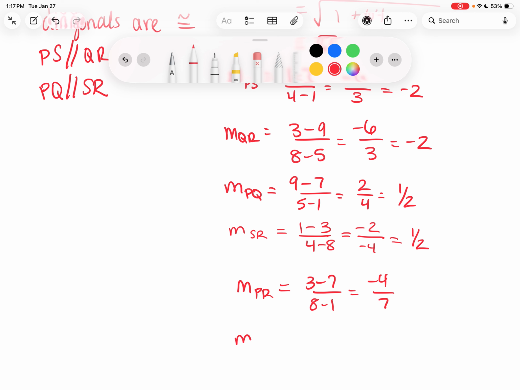And then the slope of QS, we got 1 minus 9 over 4 minus 5. So that's negative 8 over negative 1. So those slopes are not perpendicular. So does that narrow it down for us? Yes. Then what is it?